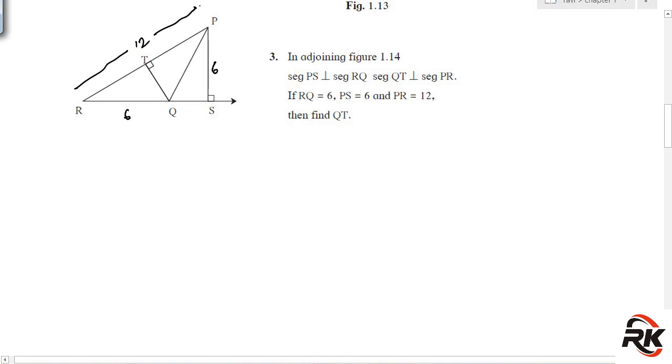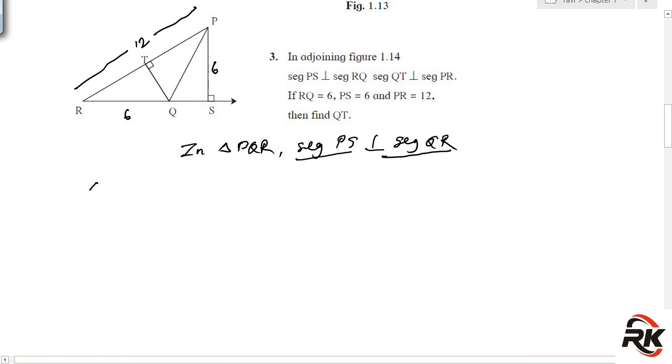Triangle PQR. See in triangle PQR, segment PS is perpendicular to segment QR. That means this is the height and QR is the base.